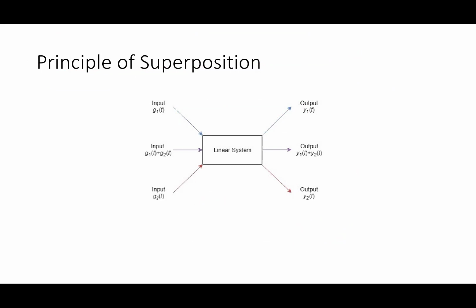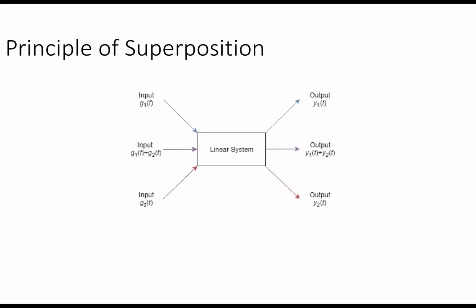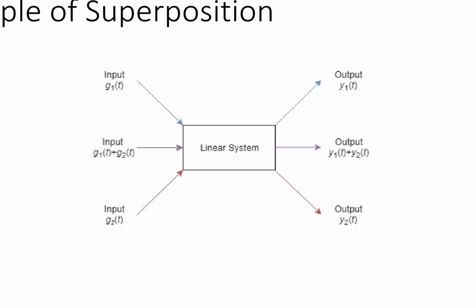You may encounter this, or may even have already encountered this, in classes like circuits, electricity and magnetism, or other engineering and physics courses. The principle of superposition is a broad-reaching principle that applies to any linear system.